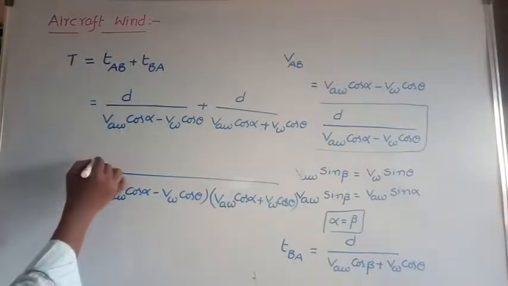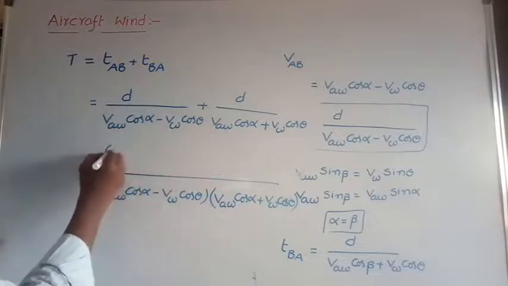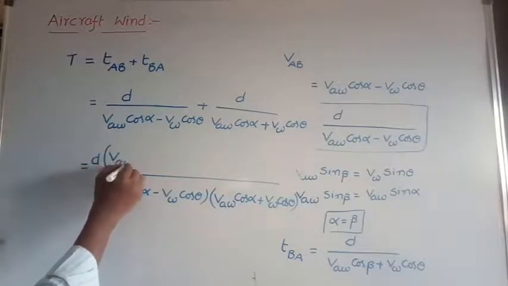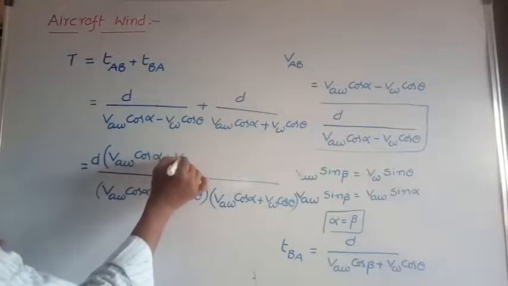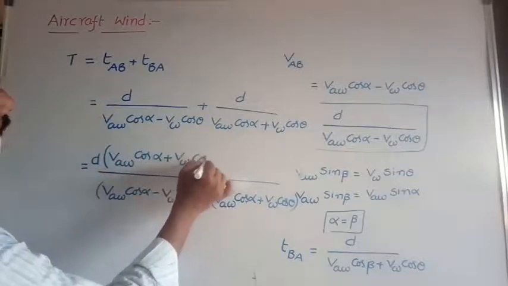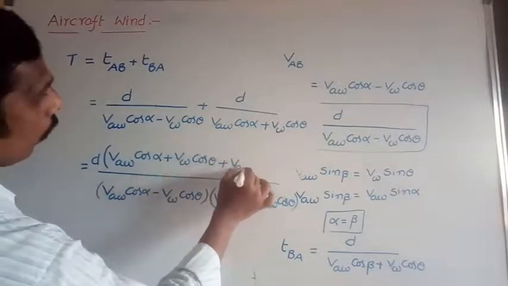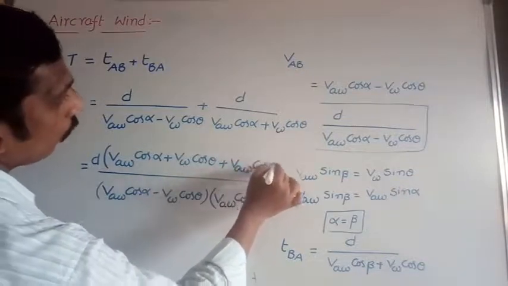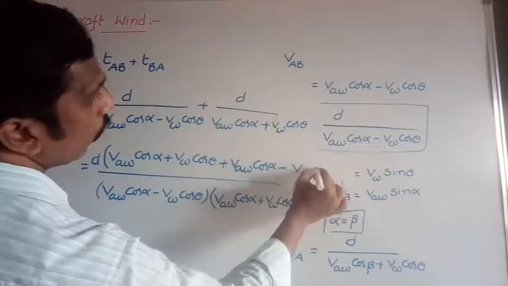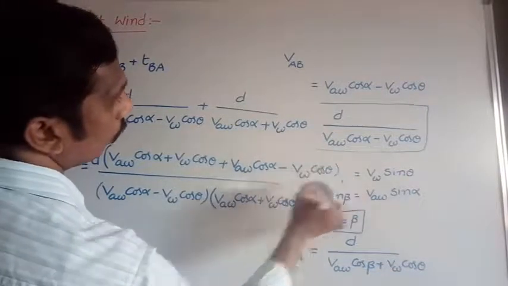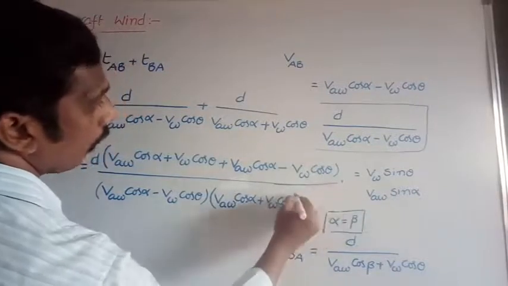In the numerator, if you take D common, cross multiplying, you get VAW cos alpha plus VW cos theta plus VAW cos alpha minus VW cos theta. Clear?